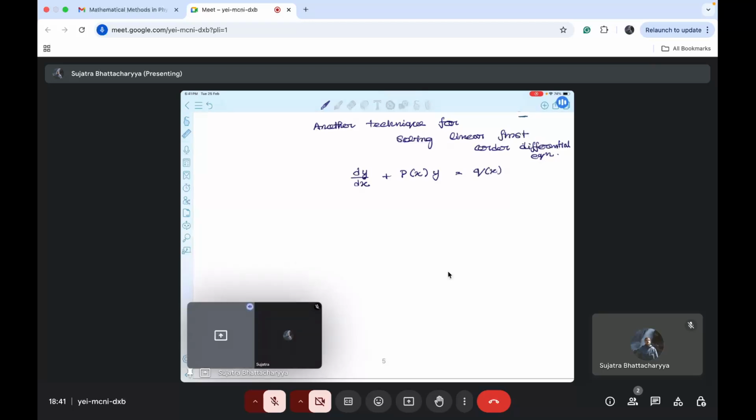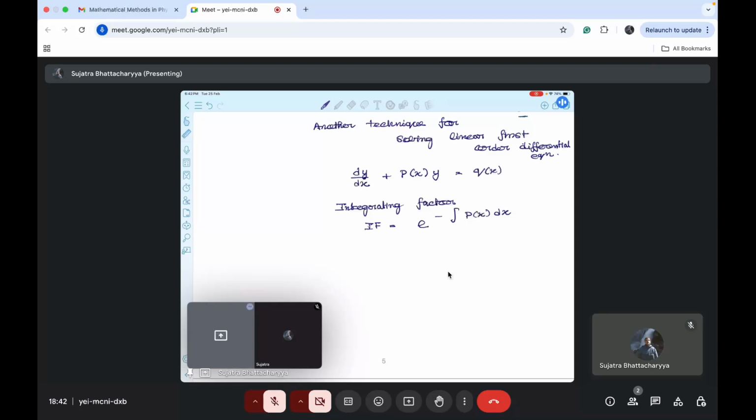For this kind of equation, you require an integrating factor. So how to do this? You define an integrating factor. I will call this IF, as exponential to the power minus, okay, this integral of P(x) dx.